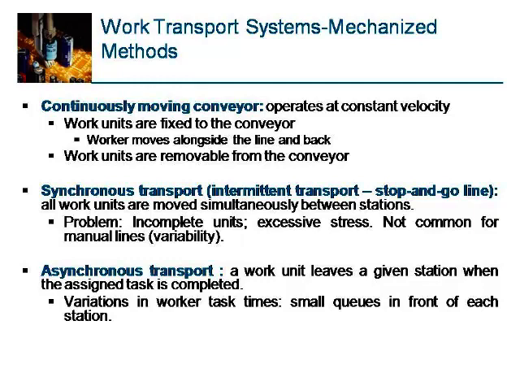Synchronous transportation, intermittent transport, is a stop and go line. All work units are moved simultaneously between the stations. That means all the work pieces will be moved and stopped, and the stop is for the time that the slowest worker needs to perform the operation. And again it moves.